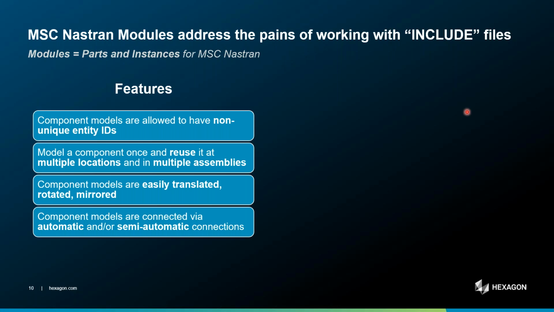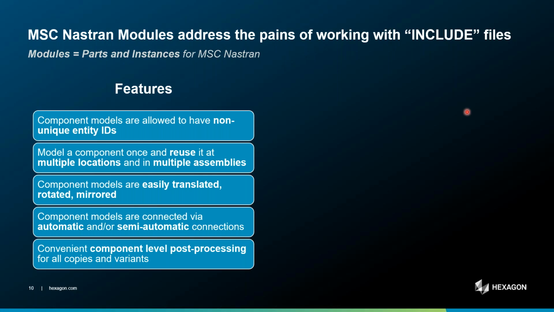So we know that modules are going to have to be connected, and what we've said so far is exciting, but how do I connect them together? Well, component models with modules can be connected automatically. We'll talk about that. It can be semi-automatically, or if you need it to be manual, you can. We'll talk about what the options are, but connecting modules together is honestly quite easy.